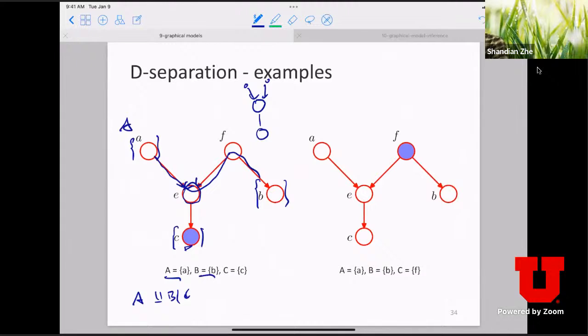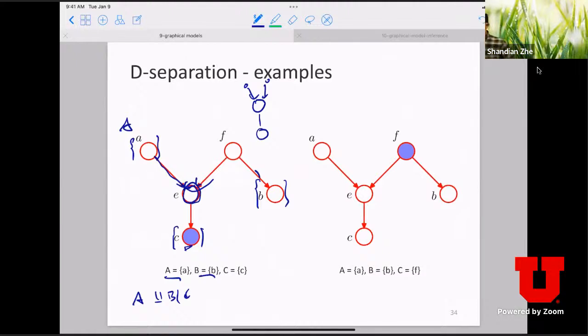So we're going to look at the next node, F. F here has the structure called tail to tail. However, F is not observed. F does not belong to C. That means the nodes which connect to F directly are dependent, not independent.